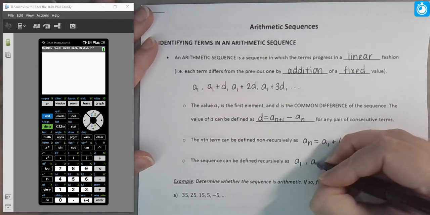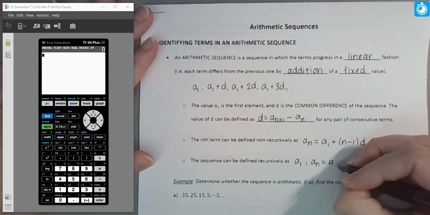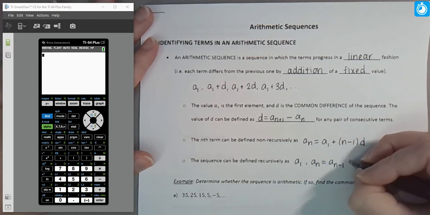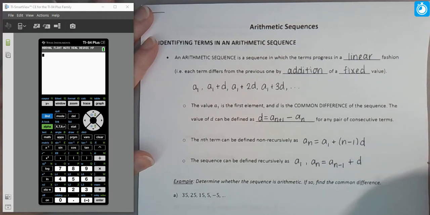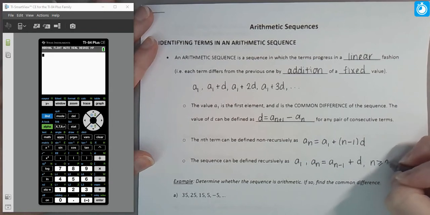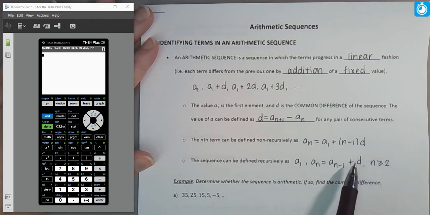So the nth term is defined as the previous term, the preceding term, A sub n minus 1, plus our common difference of D. And this rule is going to apply for any value of n that is greater than or equal to 2. So in other words, we need to have the first term given, but past that we can build on that first term by just adding on that common difference to any term to get the next term.